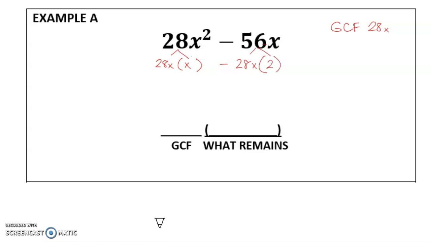Well, times 2, because I already have the x there. So then when I'm writing my factors, I have the GCF, so 28x, and then what's left is going to be x minus 2.